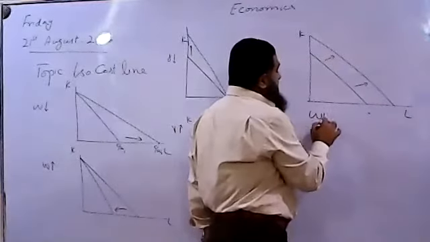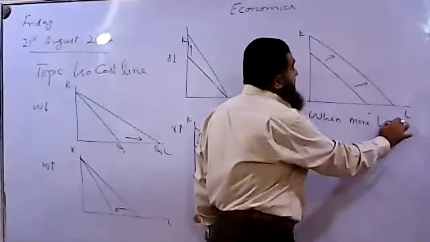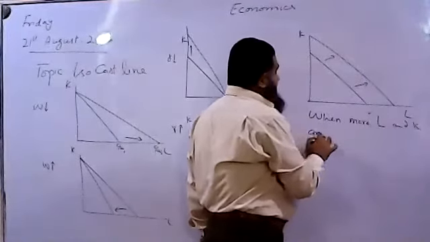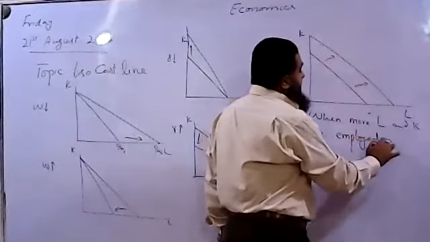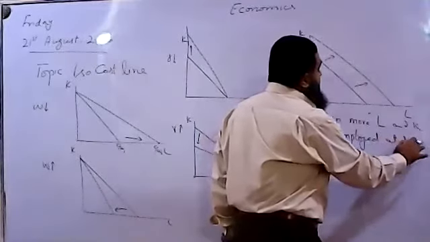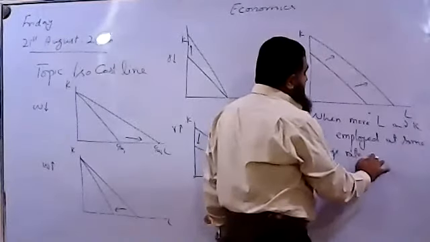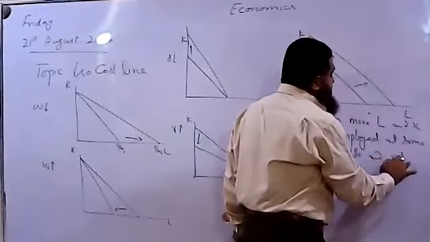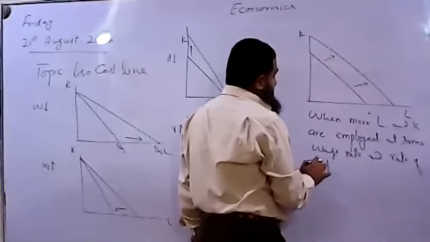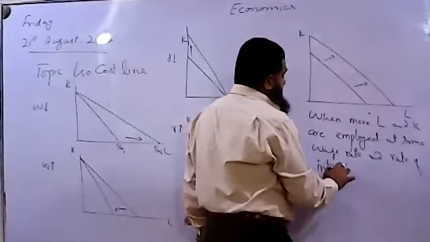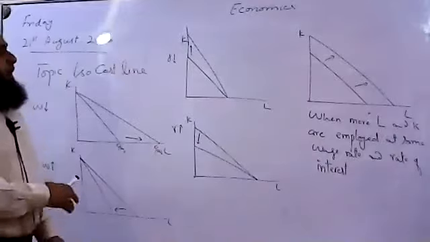When more labor and capital are employed at the same wage rate and rate of interest, all right, the isocost line will have a parallel outward shift.